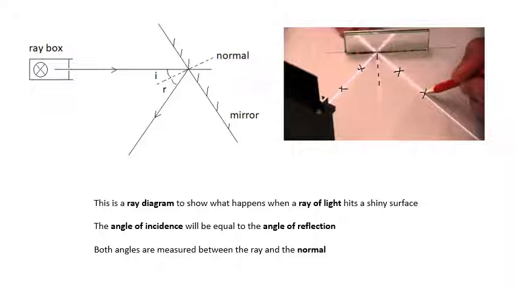And the photograph there shows how you would actually do the experiment, and you would need a protractor as well. And you do a range of different angles to prove that it applies to small and big angles. Remember that the angles are in between the normal and the ray. Both angles are measured between the ray and the normal.